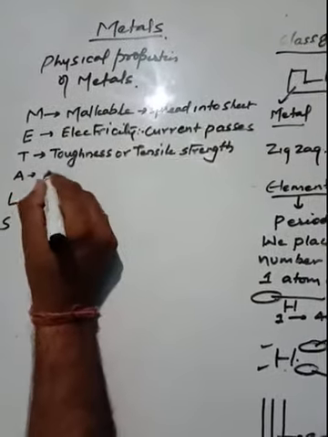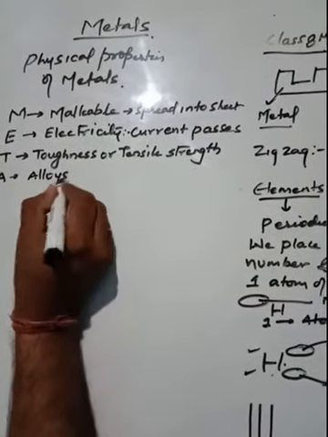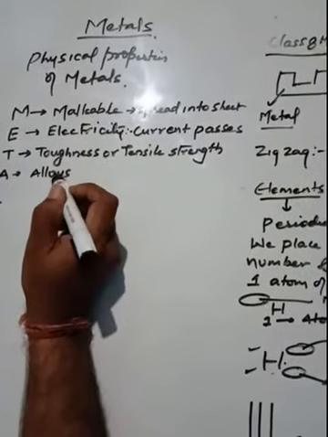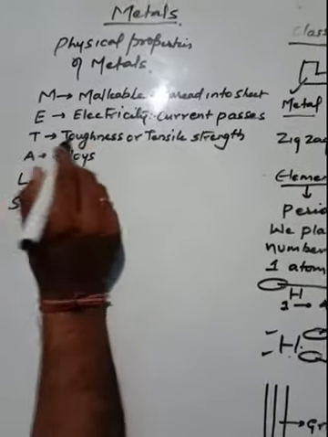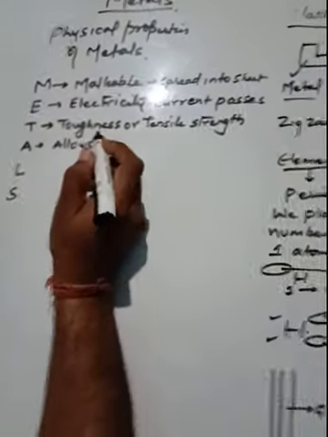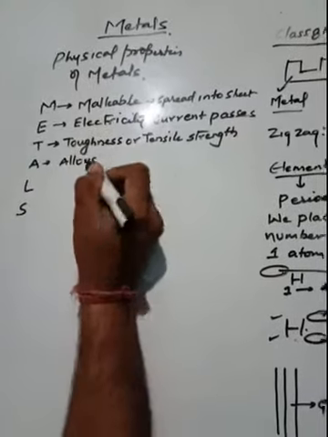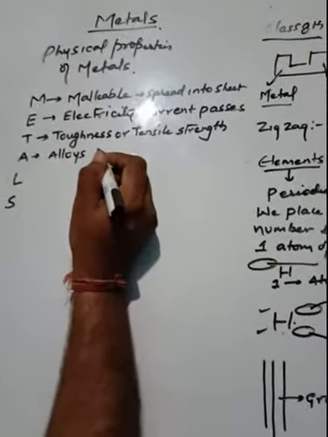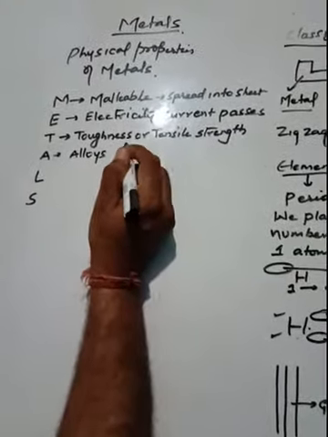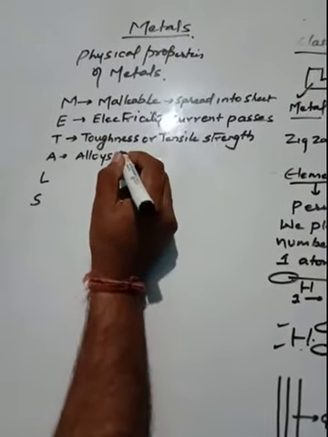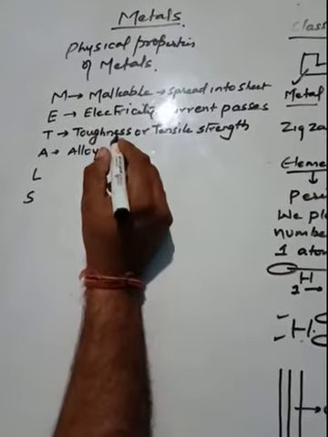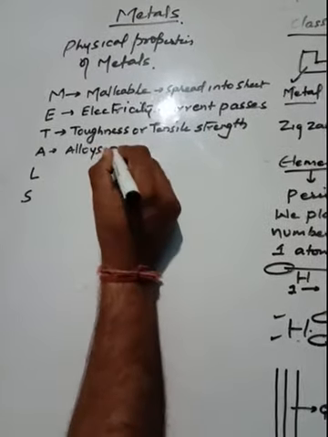Here is the word alloy. Alloy is a combination, a mixture of two metals, or metals and non-metals, so that on mixing, the corrosive nature decreases and it provides more strength to the particular combination.